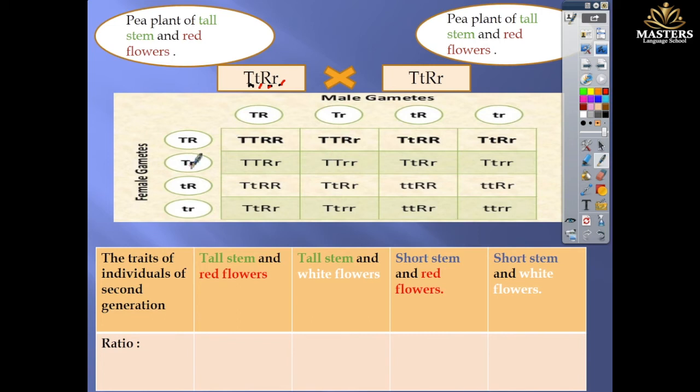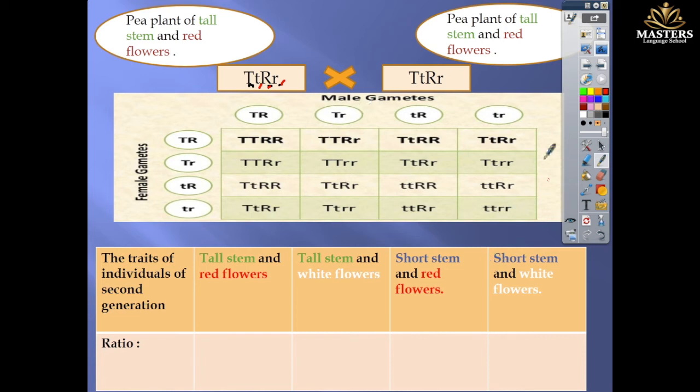For the second one, third one, fourth one, we will take the second one with first, second, third, fourth. For the third one of the female gametes, with the first male gamete, the second male gamete, and so on.